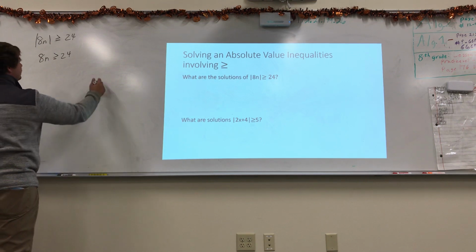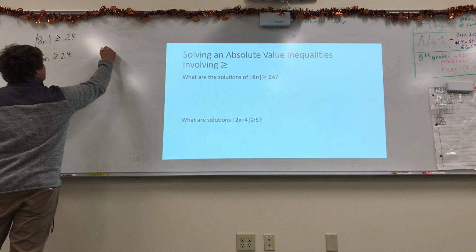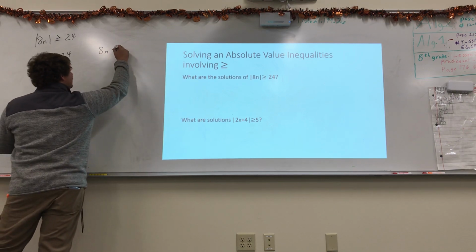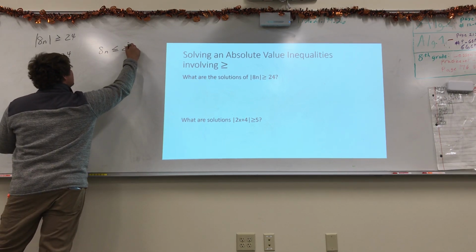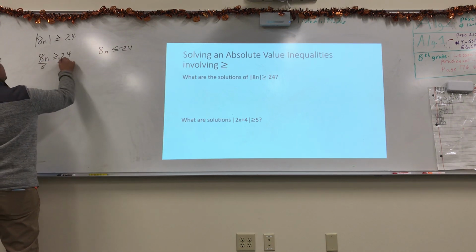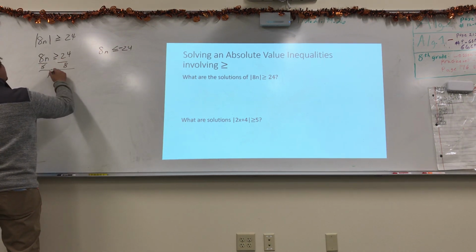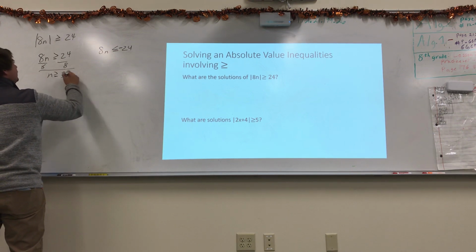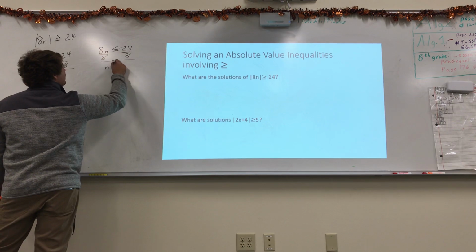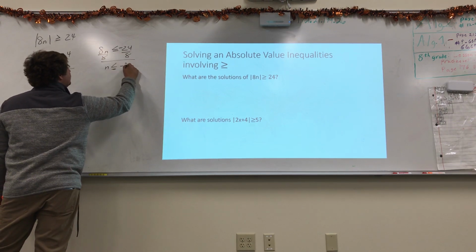The other thing you would have to do is you'd have 8n, and you'd have to flip the sign because we're going to make this negative, so flip your sign. It should look like that. Divide by 8, divide by 8. You get n is greater than or equal to 3. Over here, you divide by 8, divide by 8. You should get n is less than or equal to negative 3.